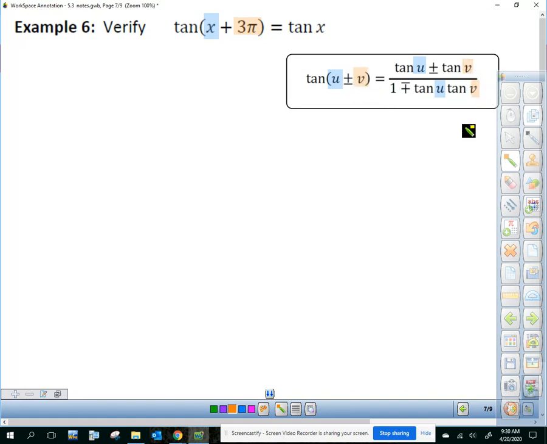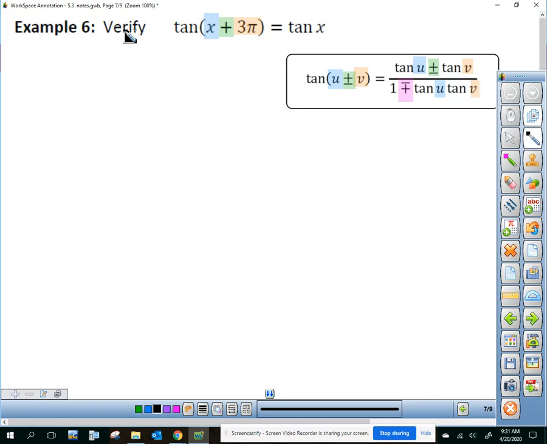That's going to get plugged in everywhere we see v. And then we are going to add. So remember, the top stays the same. The bottom is the opposite.